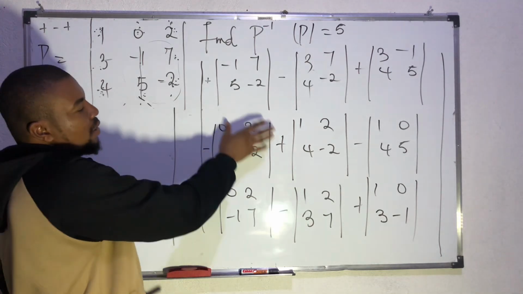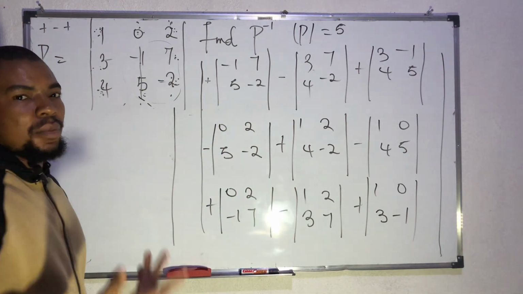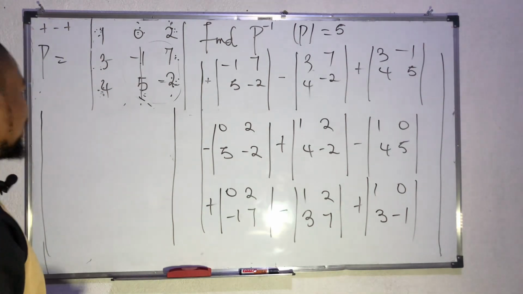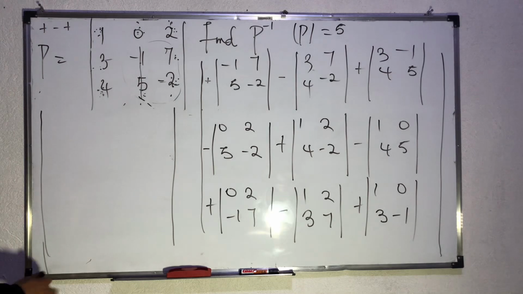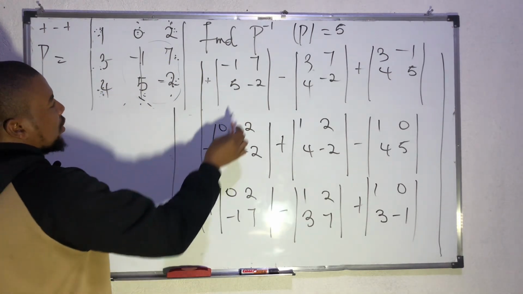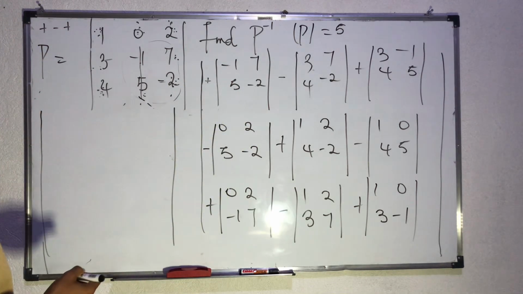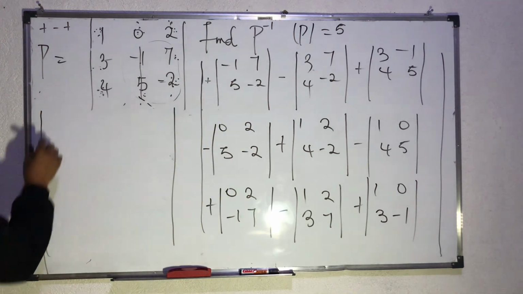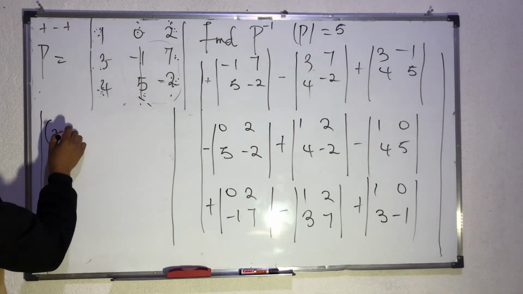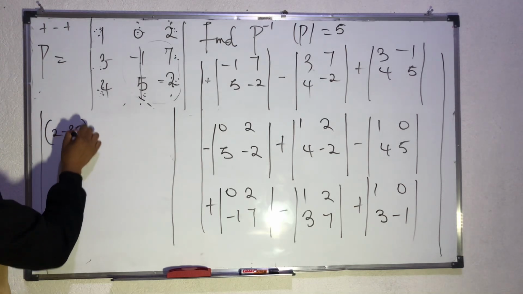So if we break this down and get their determinants, those determinants will be their cofactors. Okay, so let's quickly do this. Remember to subtract the minor diagonal from the major. Negative 2 multiplied by negative 1 gives us a 2. So hence we're going to have 2 minus 5 times 7, which is 35.